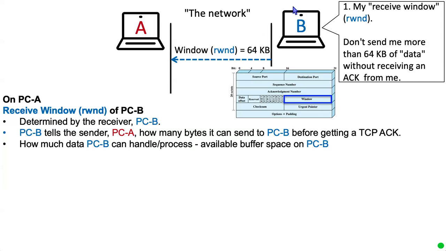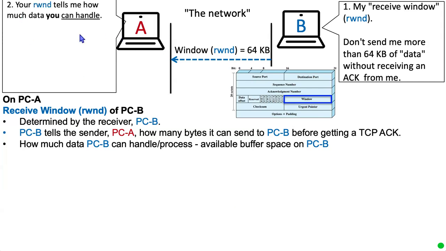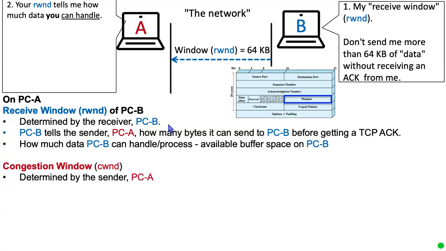This is, from PCB's perspective, how much data it can handle based on buffer space and processing. So PCA says, okay, your receive window is telling me how much data you, PCB, can handle. What about this congestion window? Well, that's actually determined by the sender, PCA.